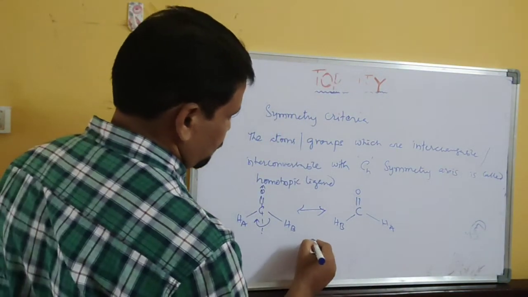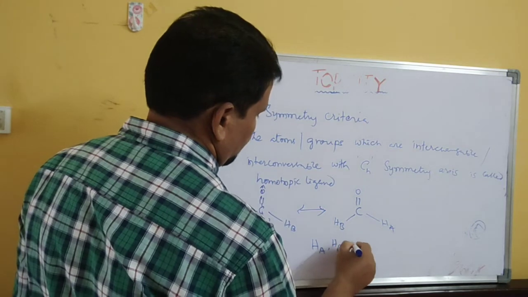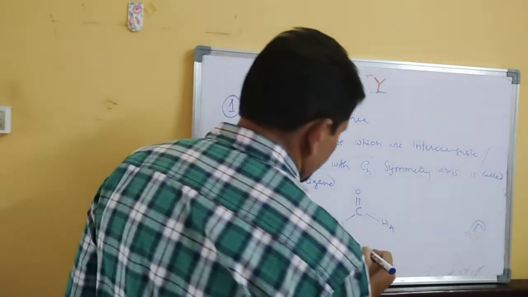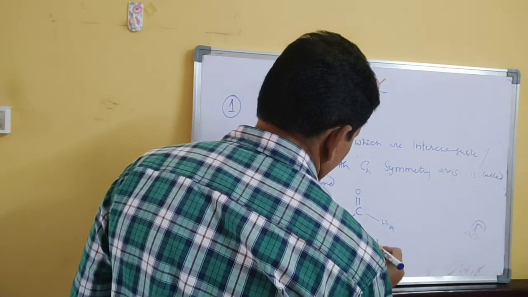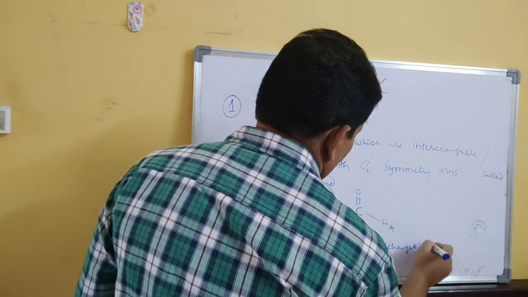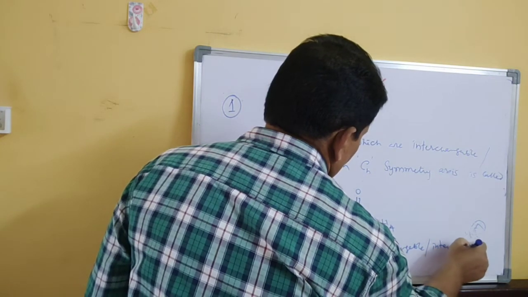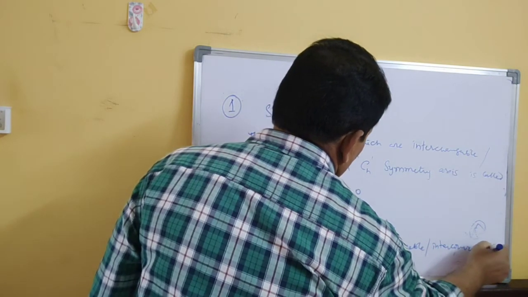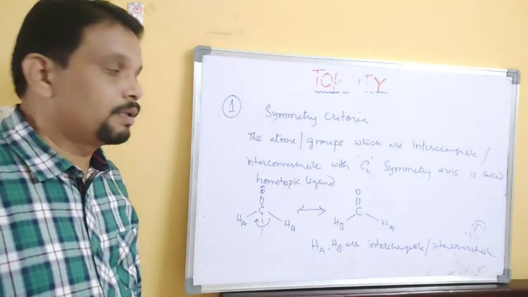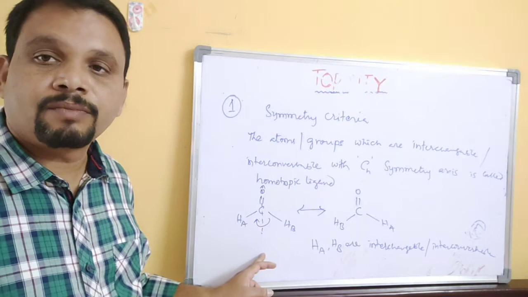So both the HA and HB are interchangeable or interconvertible with the C2 axis of symmetry.